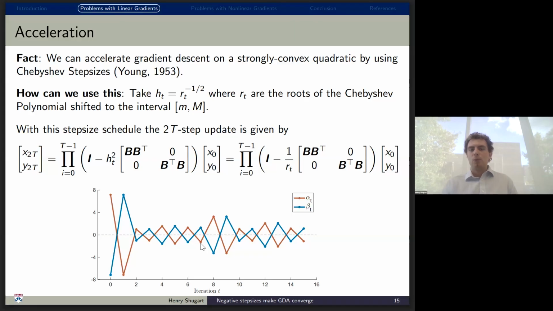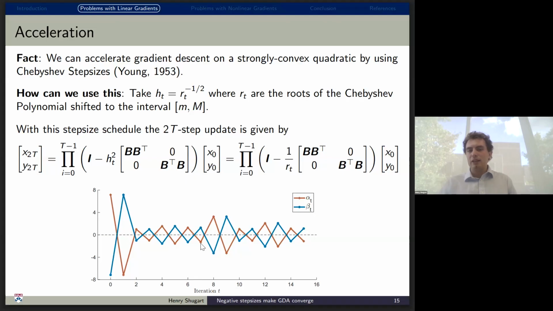And so we can accelerate using standard techniques from the paper by Young in 1953 that I mentioned as motivation for this entire project. And how we do this is that we take h_t to be the square root of the step sizes for the strongly convex and smooth quadratic.